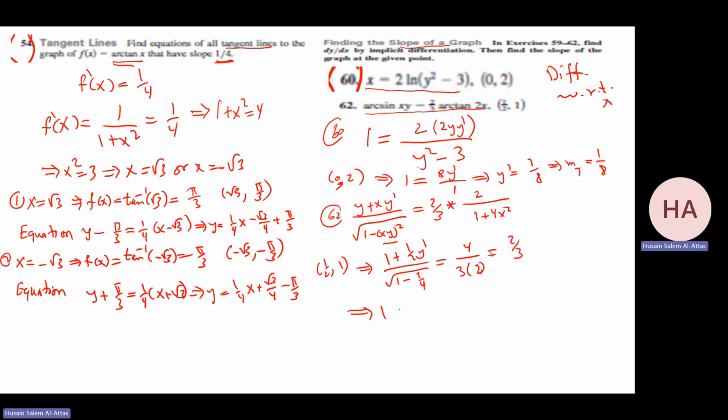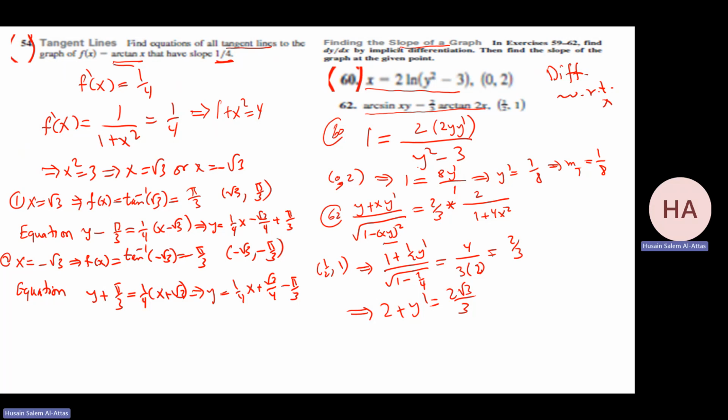So I have 1 plus half y prime equals what? This is root 3 over 2. Multiply the 2 in the numerator. That will be 2 plus y prime equals 2 root 3 over 3.